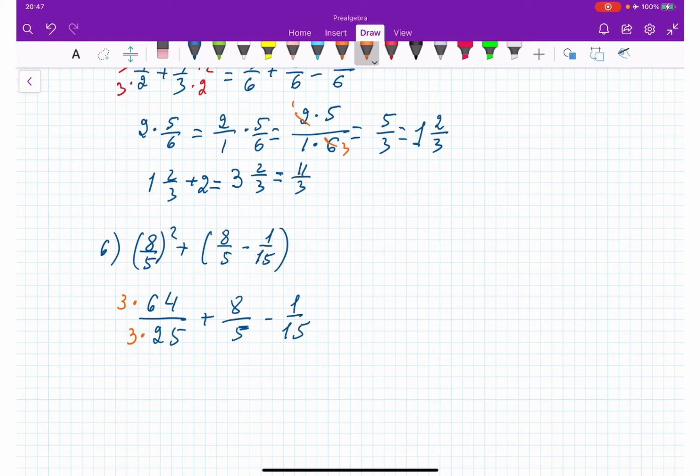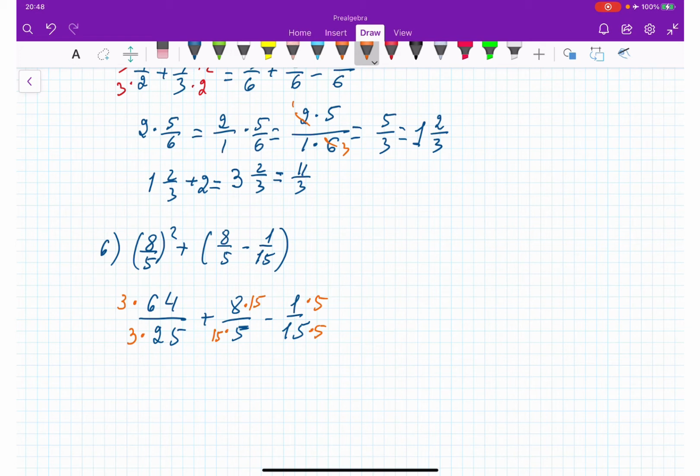Next, 75 divided by 5. It's going to be 15 times, right? Which means I multiply here by 15, multiply here also by 15. And I have here 15, which means I have to multiply by 5 times here, 5 times here. Yes? So from here, what do I get?